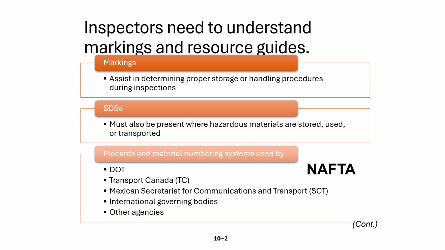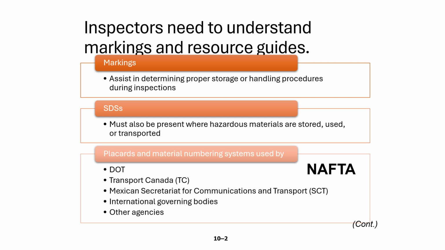So markings that are used to identify containers and the contents within the containers, and where information is contained in the materials resource guides, really assist emergency responders, and I say inspectors, to help quickly identify what's in the package, if you will.